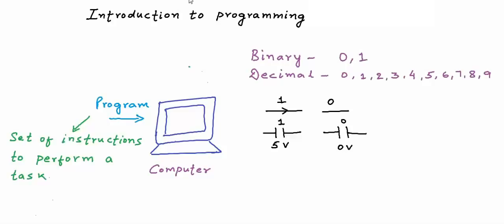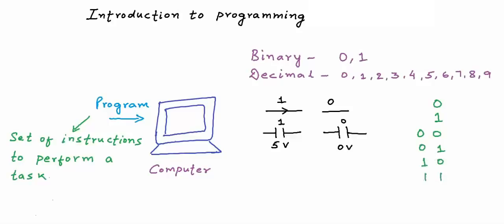If we use only one wire or one capacitor, we can signal or store only two possible values, 0 and 1. But if we use two wires or capacitors together, we can signal or store 4 possible combinations or values in binary: 0 0, 0 1, 1 0 and 1 1.